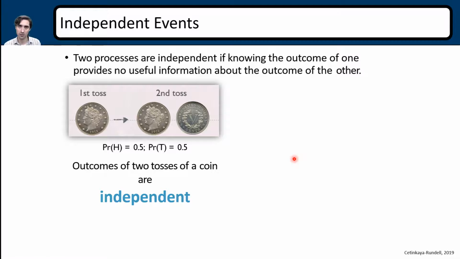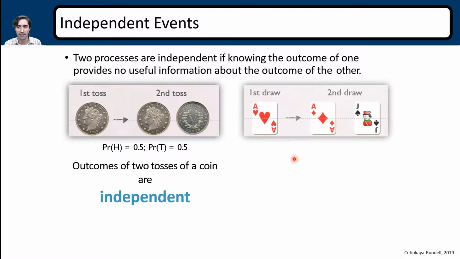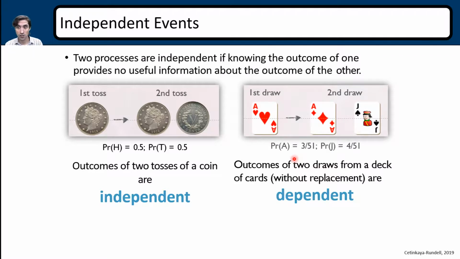Just back to my original example with the 4 patients, just because one had a successful event doesn't mean that the next one's going to be successful. That is an independent event. Now, in contrast to that, is a dependent event. And the good example that we have in this is a deck of cards.